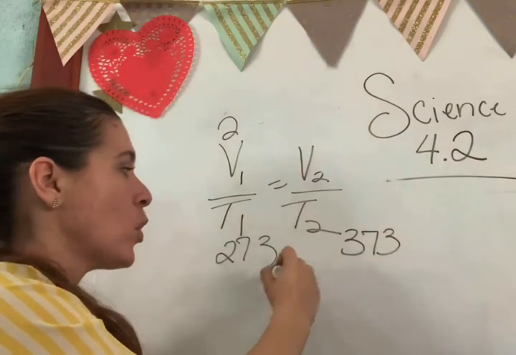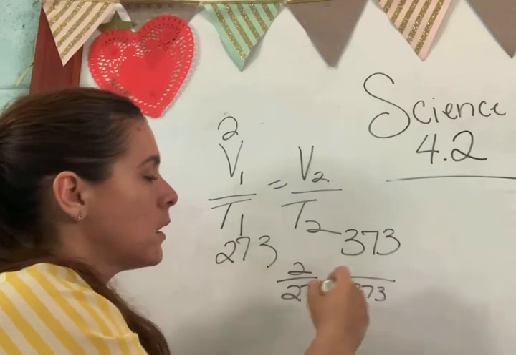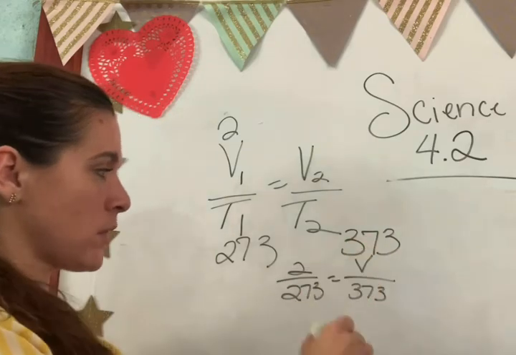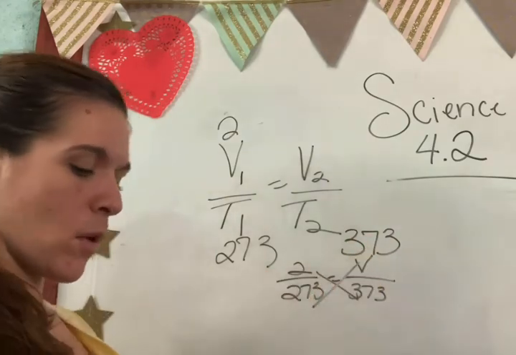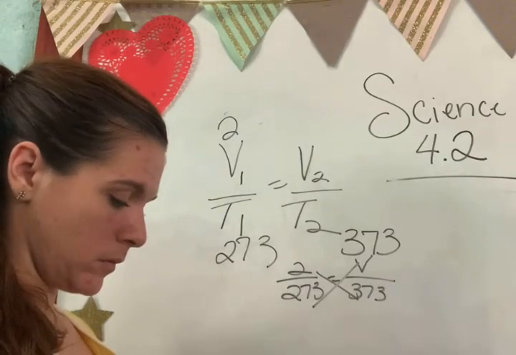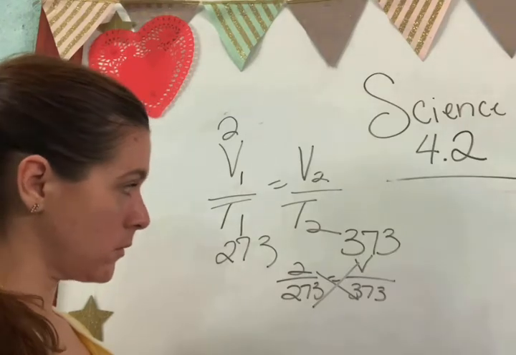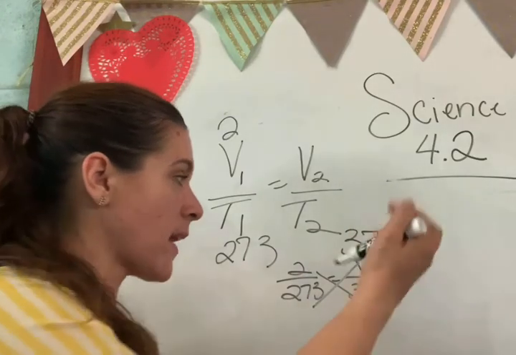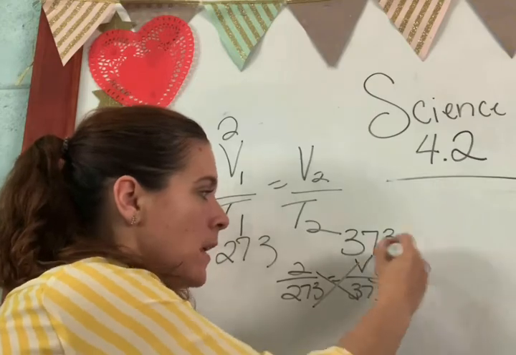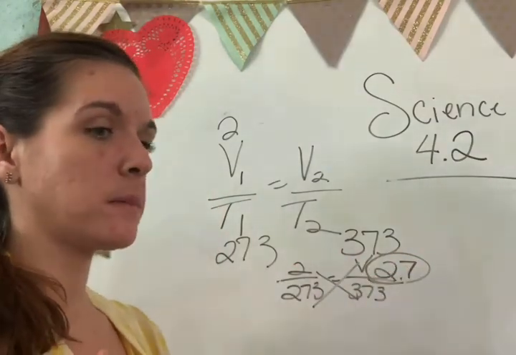So here we go. 2 over 273 equals V over 373. So we're going to crisscross and multiply. And you're going to get 2.7. Volume increased, because as this increases, this must increase.